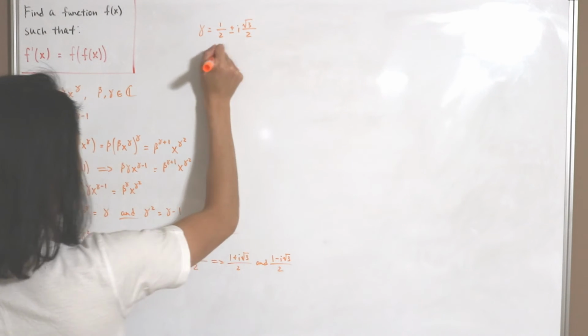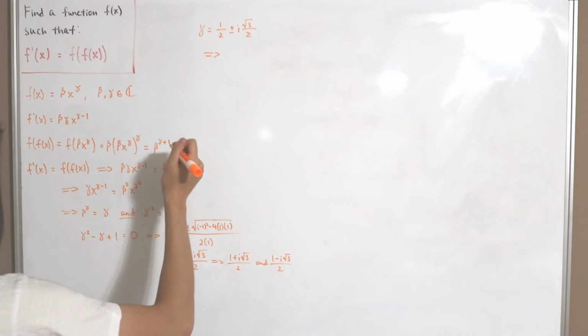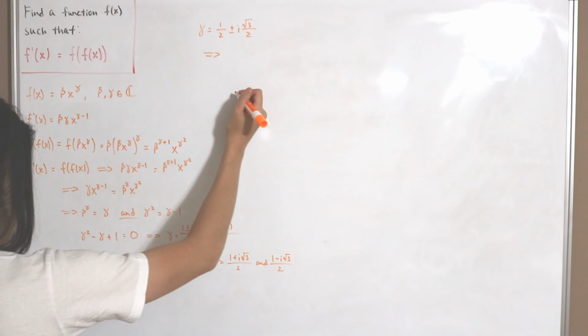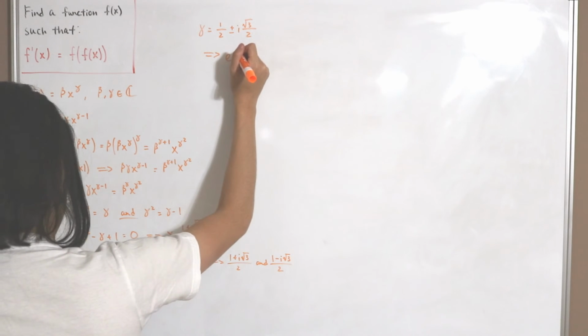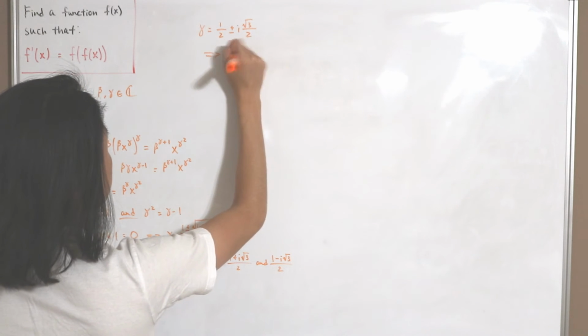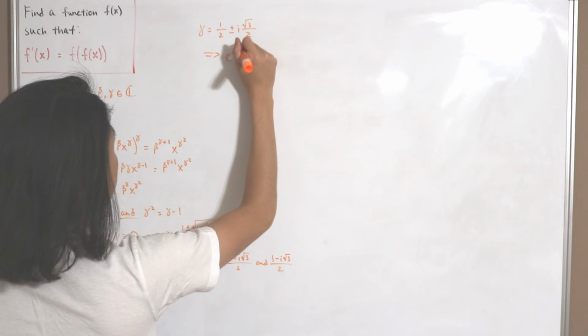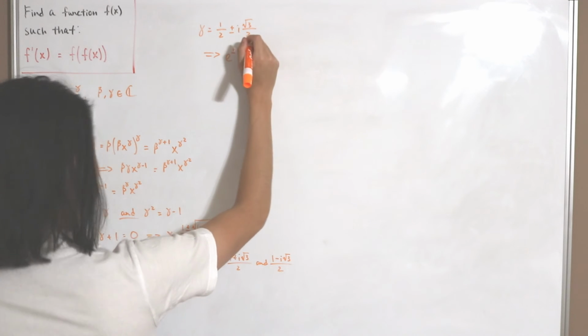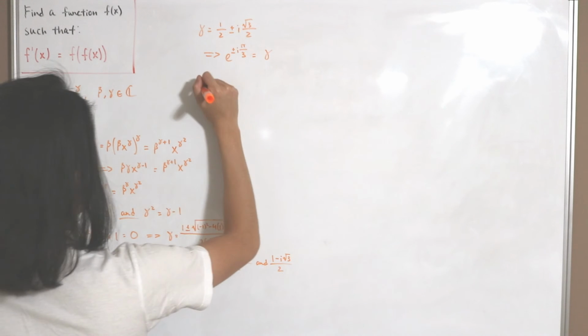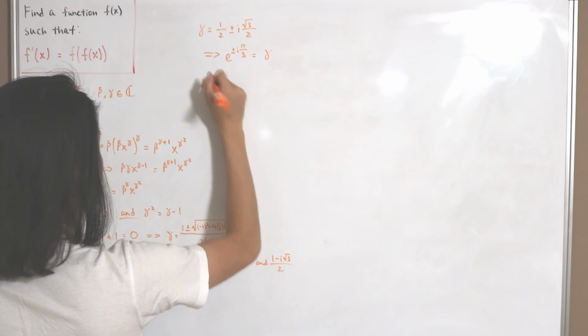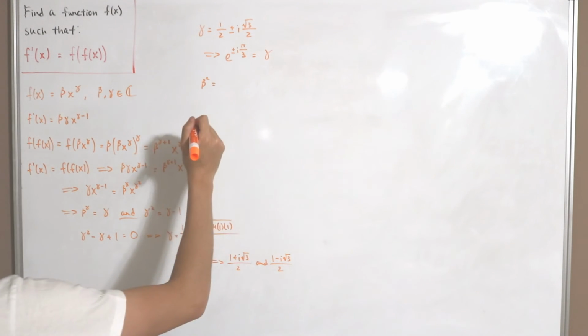What I can do from here is convert this to polar form, and we get that this is equal to e to the power plus or minus i pi divided by 3.